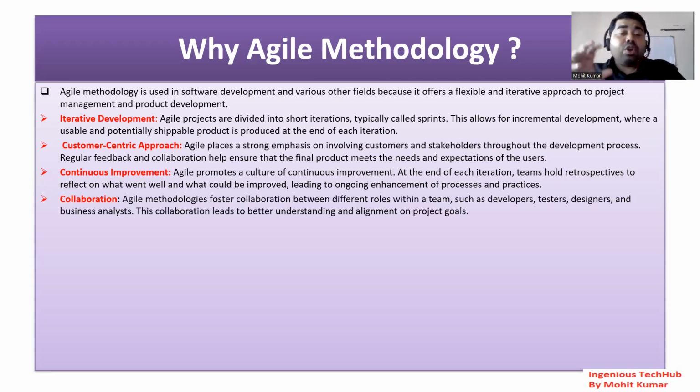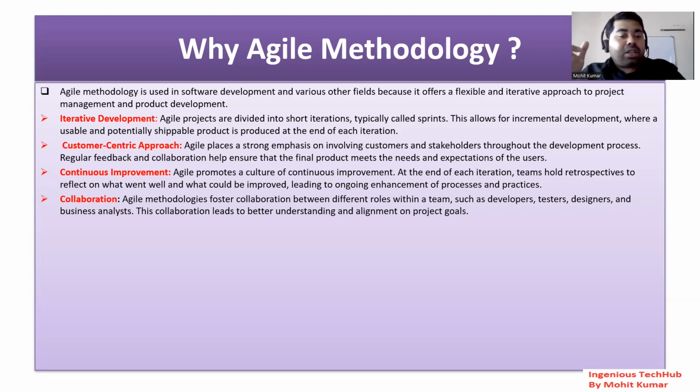Okay, collaboration. We have good collaboration, guys. You can directly reach out to anyone, any team, any specific person. This also helps to deliver our product. Agile methodology fosters collaboration between the different roles within the team, such as developer, tester, designer, and business analyst.